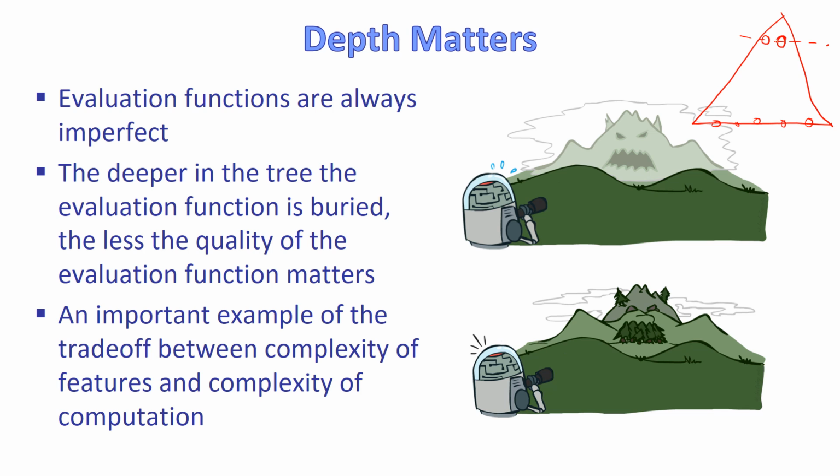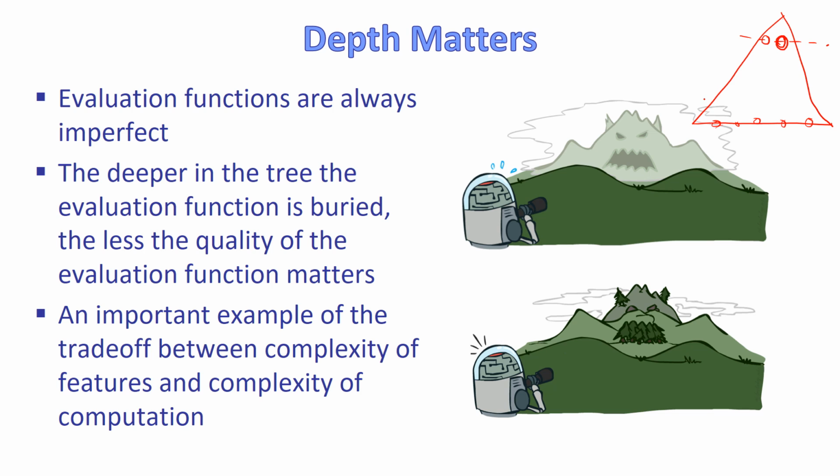Now, the importance of the quality of the evaluation function will be very high, right? Because it tries to approximate a huge part of the tree. If the approximated values are bad, I will make very bad decisions very early.